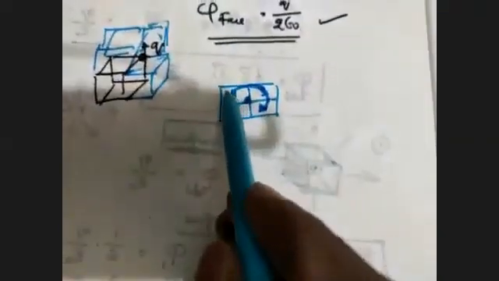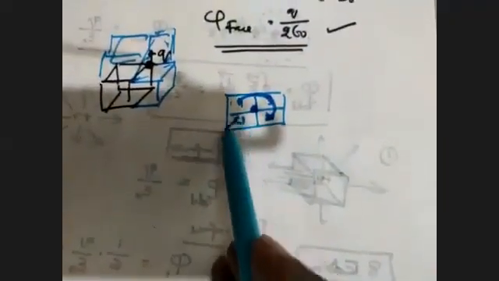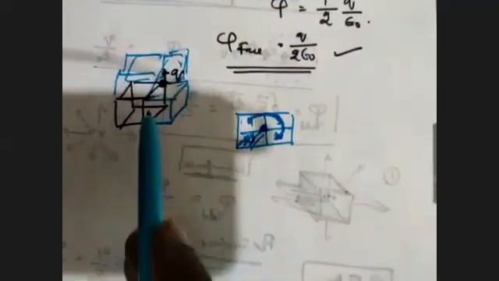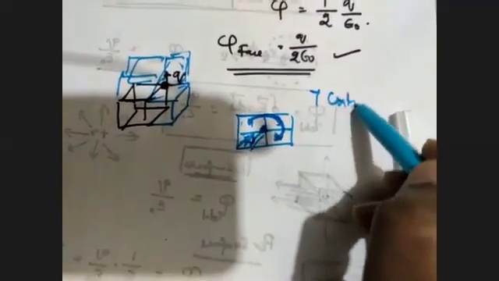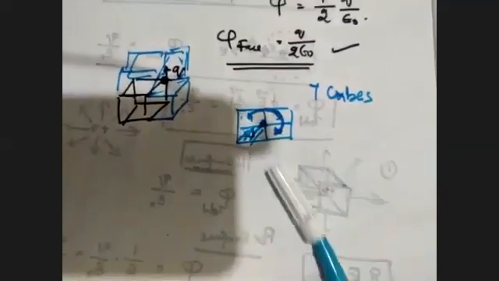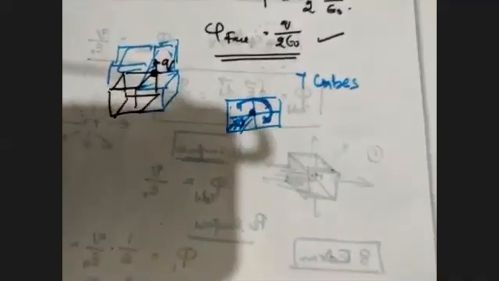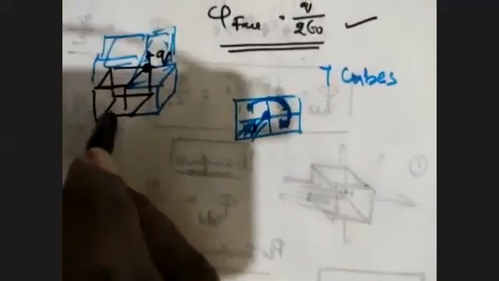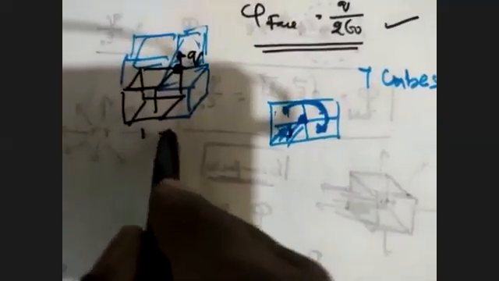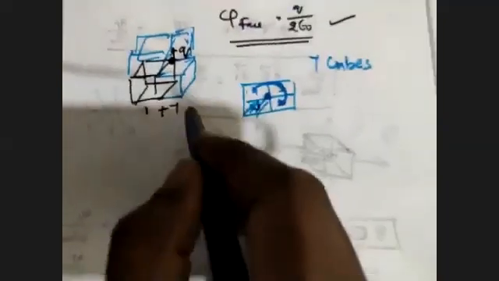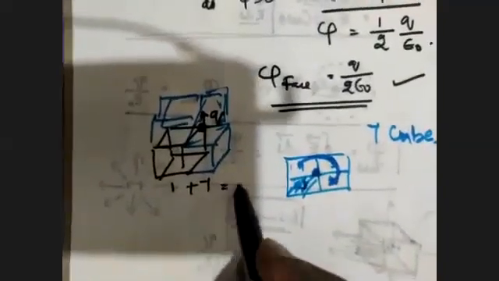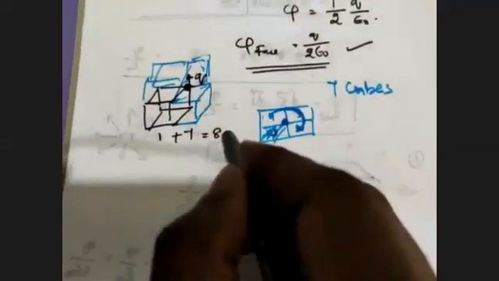At the top, to make the charge closed inside, 4 cubes I have to place. This is my cube I have already taken. So total how many? 4 upside and 3 down. Total 7 cubes I am placing. But my charge is on one of the cubes. So my cube plus 7 cubes. So total how many cubes? 8 cubes. Totally 8 cubes.